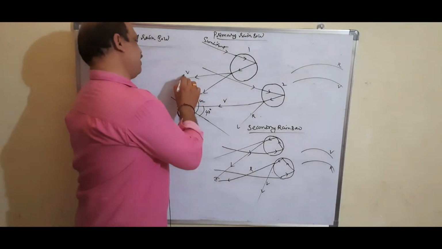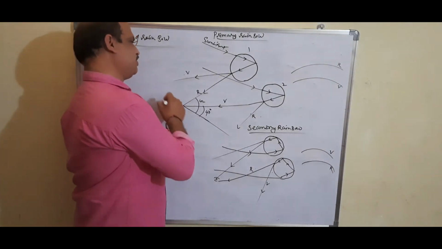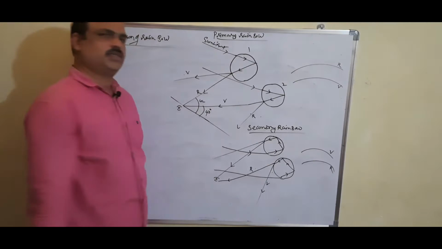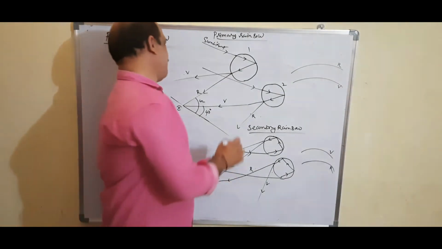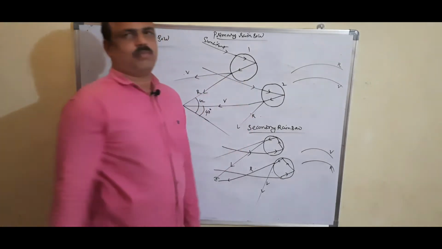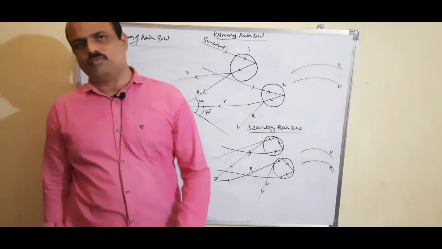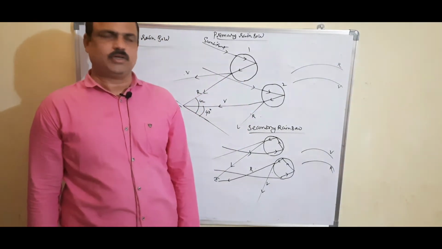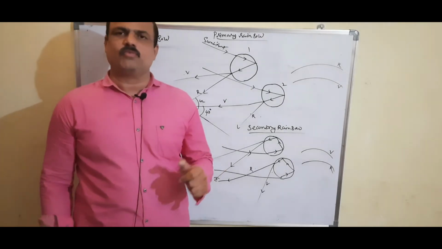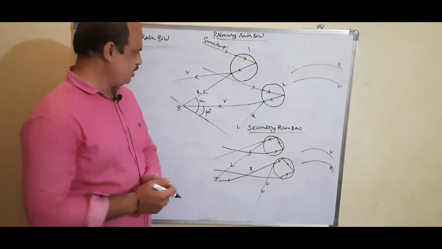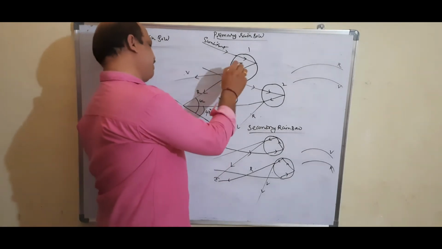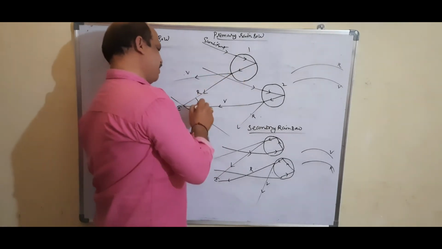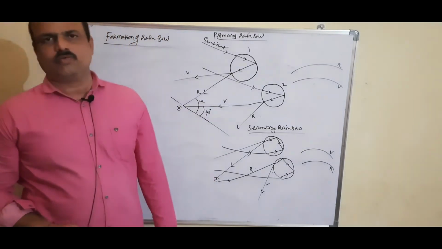So here violet color goes along this direction and red color reaches our eye. So from one drop we can see only one color. Depending upon the position of the drop, we can see only one color. If the angle between incoming sunlight rays and emergent light rays becomes 42 degrees, we can see red color.